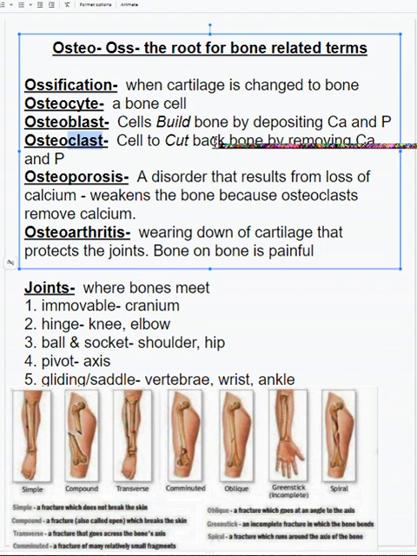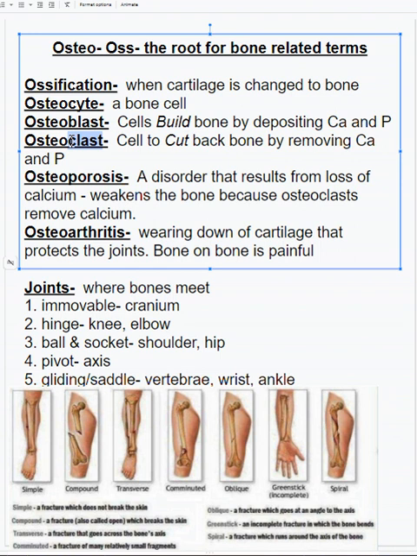So you can remodel your skeleton over the course of your lifetime by building it with osteoblasts, and then when you get older, your body will begin to remodel and remove excess calcium, and osteoclasts do that.